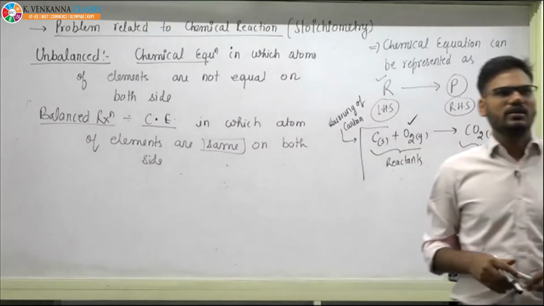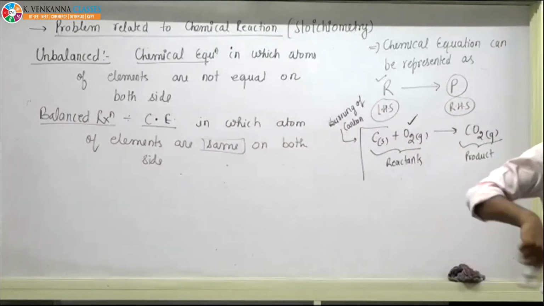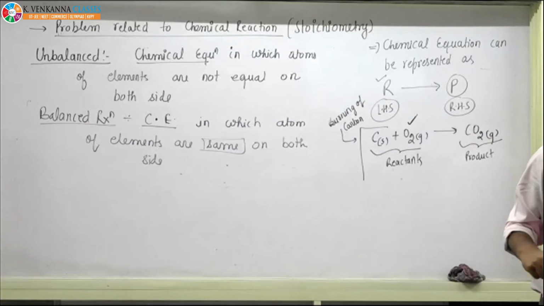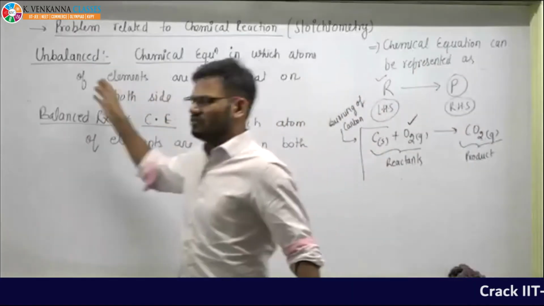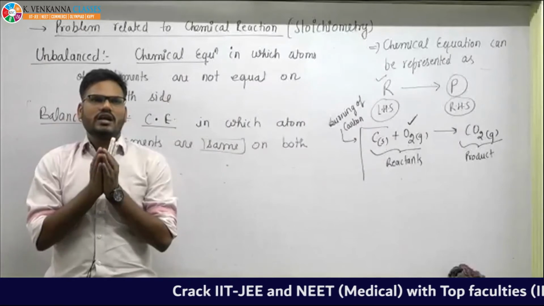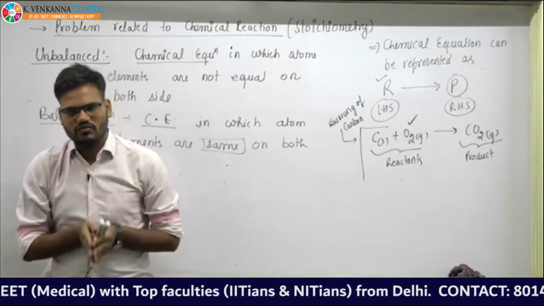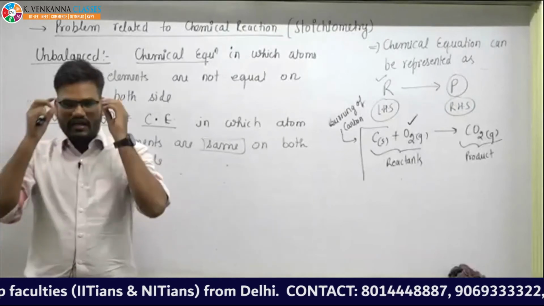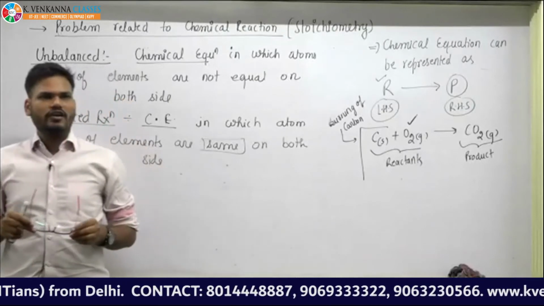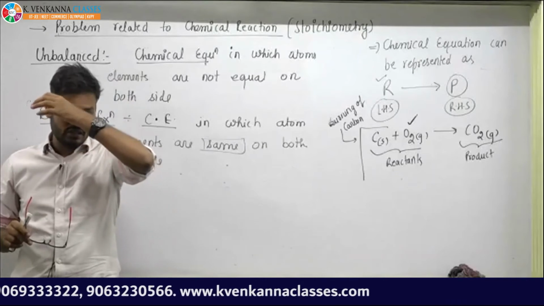Okay, it's very simple. Another term for unbalanced equation is skeleton reaction. The skeleton reaction, the unbalanced reaction, will provide you just the information about the types of element or substance which are taking part in the reaction. The unbalanced reaction just provides you the information about the different species which are taking part in the reaction.